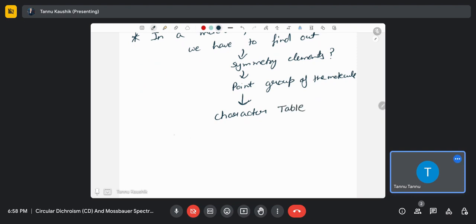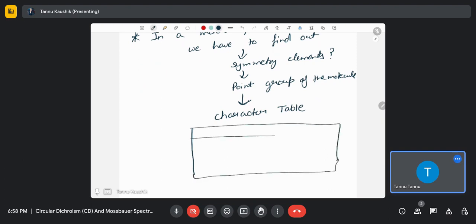So in that character table, here we have symmetry elements in one column, all the symmetry elements which are classified based on certain rules. Here we write the name of the point group.